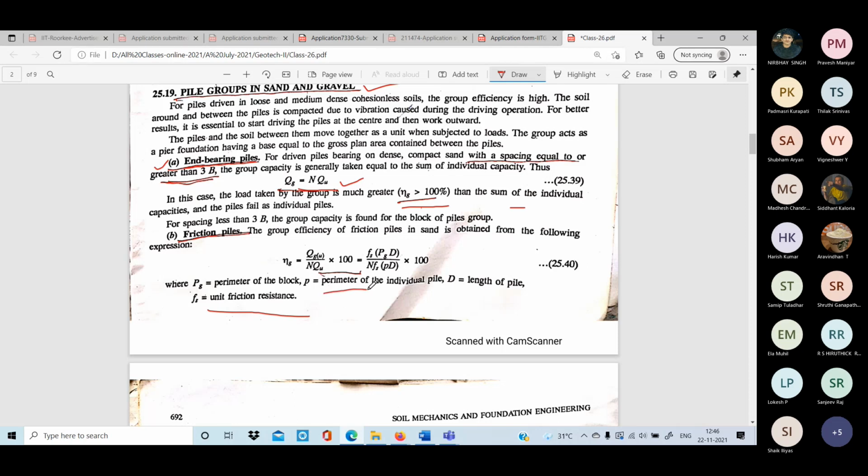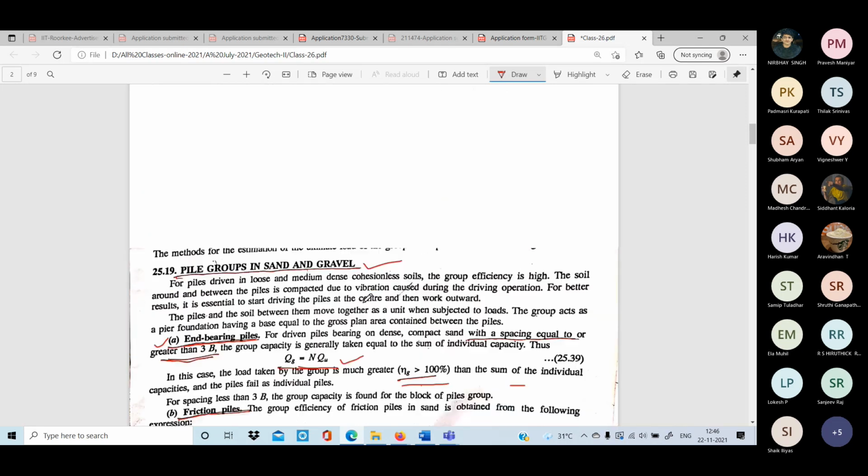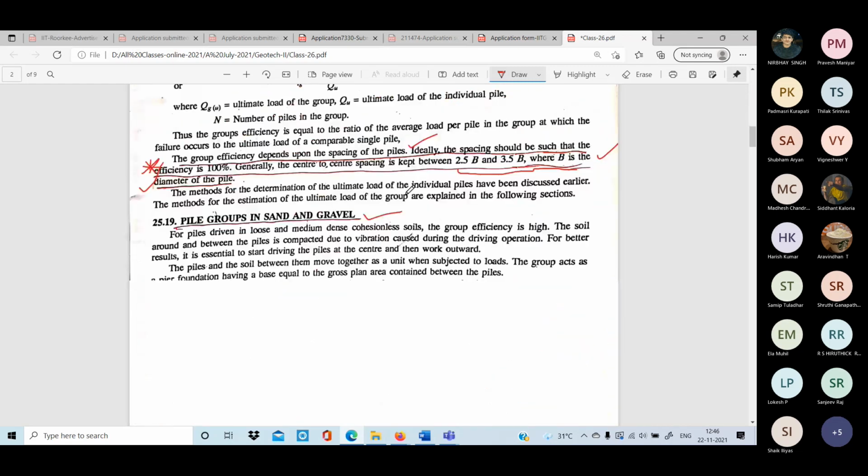What is the Pg? The perimeter of the individual pile multiplied by the length. Perimeter multiplied by the length, you will get the whole pile length, the friction at the whole pile length, divided by the number of piles, plus the smaller Pd, the perimeter of the smaller Pd. This Pg is the group perimeter, the block perimeter.